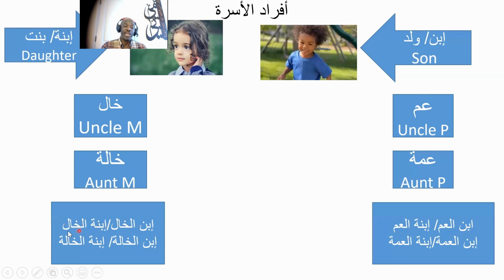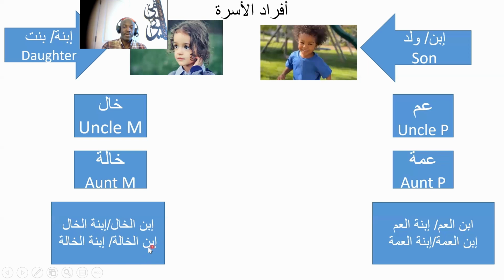If you want to say the daughter of my uncle, we say ibnat khali. But in this case, it's kind of neutral. We don't know who this daughter or this cousin belongs to, but we say ibnat al-khal.